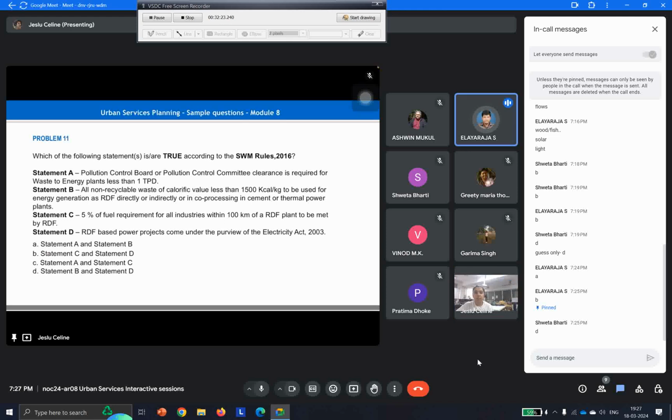Which of... is increase my screen, is it? Am I not full screen in presentation mode? So you can see the slides on the side, is it?